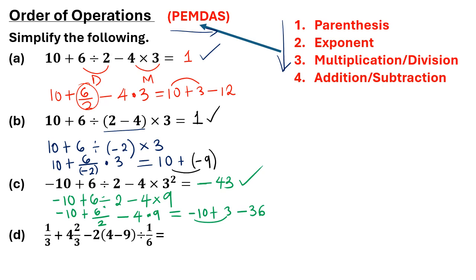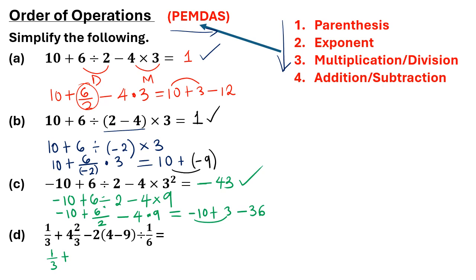To type 1/3, you would type 1, then the division sign, then 3, depending on the kind of calculator you're using. But there are scientific calculators where you can just use the fraction key and plug in 1/3.